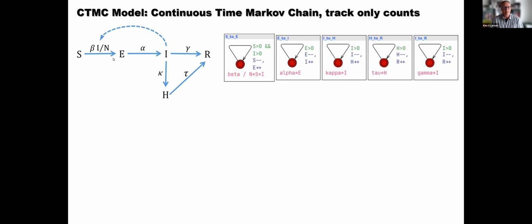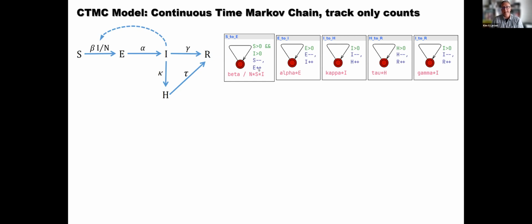And then we model these transitions here as reactions that will have different rates of firing, and will have an effect on this configuration in terms of incrementing or decrementing the number of individuals that will be in these different compartments. So here is the reaction of going from S to E.